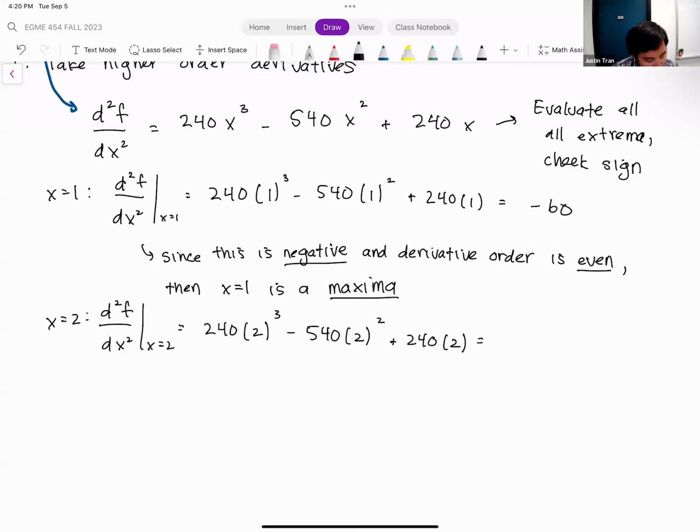If you punch it into a calculator or into MATLAB, what you get is a positive 240. Since this is positive and the derivative order is even, remember we're evaluating the second order derivative here, that means x is equal to 2 is a minimum.